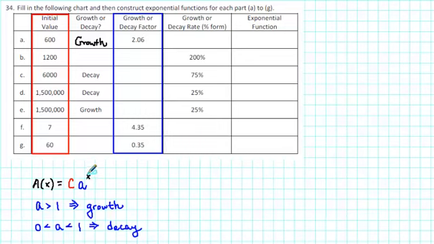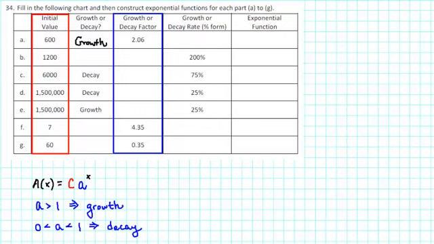Well, what we need to recall is that if something does not grow or decay, then it keeps 100% of itself. And 100% is the number 1. So what we need to do is compare 2.06 with 1, or we could convert 2.06 to a percentage and then compare it with 100%. So why don't we take that approach?